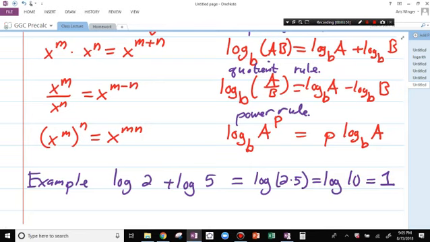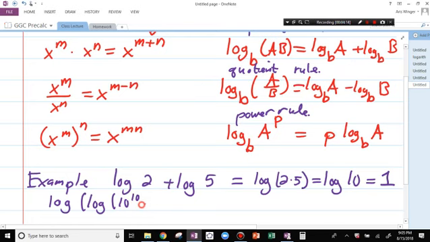I taught pre-calculus over the summer at Carnegie Mellon University. Here's one that I gave on their last test. I think it was, what's the log of 10 to the 10th?